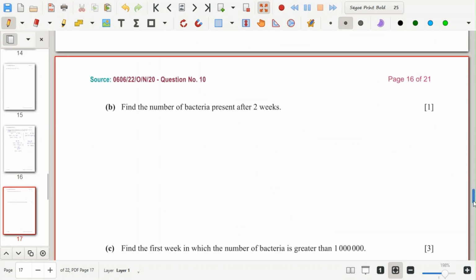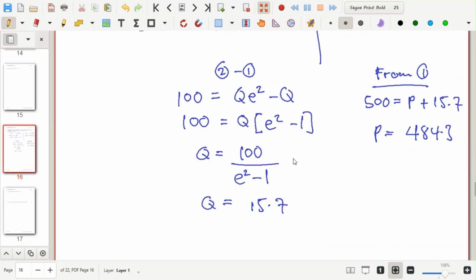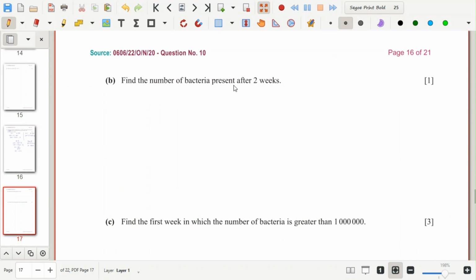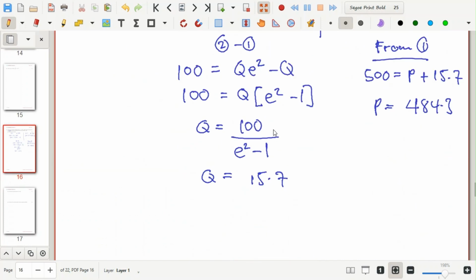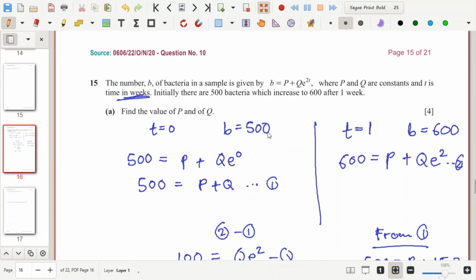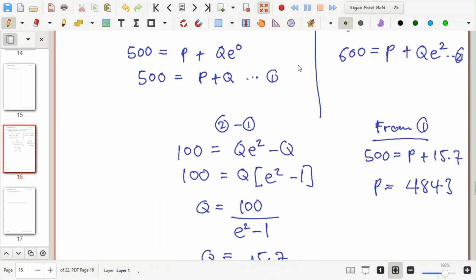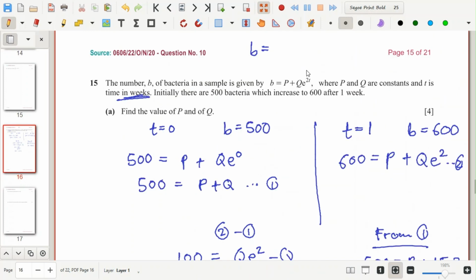All right, I think we are not done. Find the number of bacteria present after 2 weeks. Don't forget that right now we know the value of P and Q. So can I say that B is equal to P, which is 484.3, plus Q, which is 15.7 e to the power 2t.